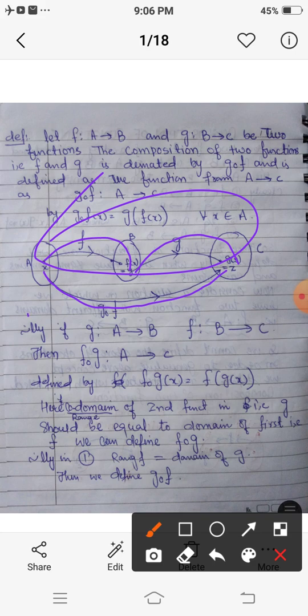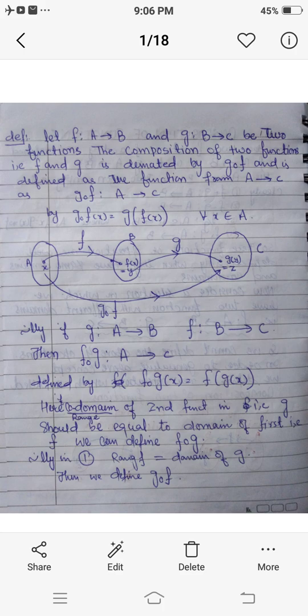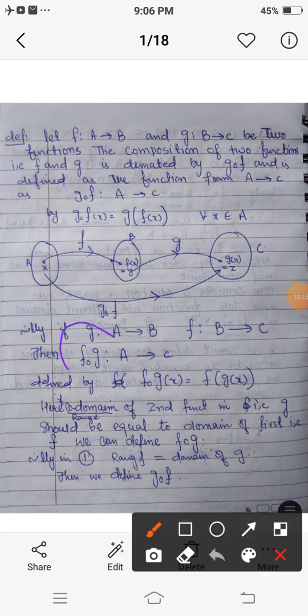Now similarly, if we have g from A to B and f from B to C, then the composition is defined as fog. The fog is a function from A to C, which is defined by (f o g)(x) = f(g(x)). In this second situation, in order to define fog, the domain of the second function, meaning the g function, should be equal to the range of the first function, that is f.